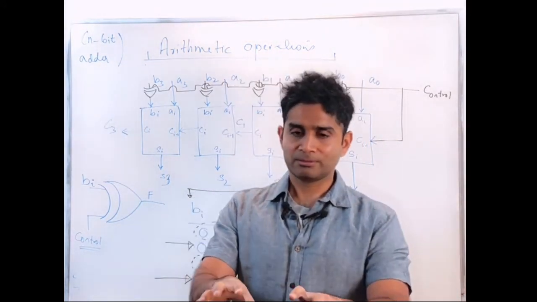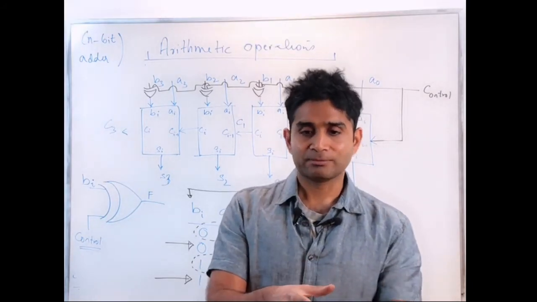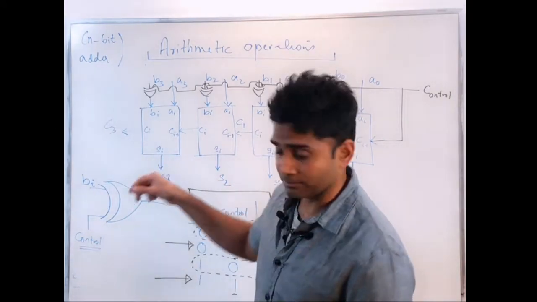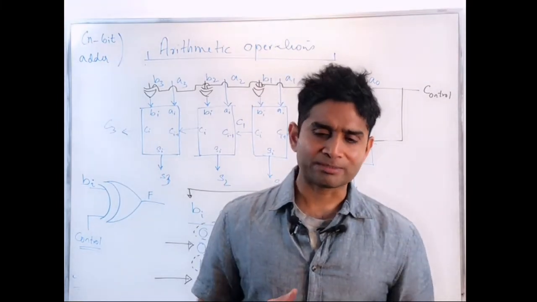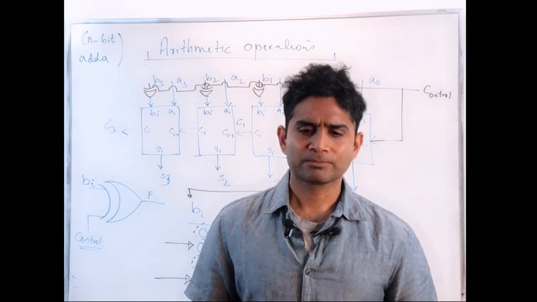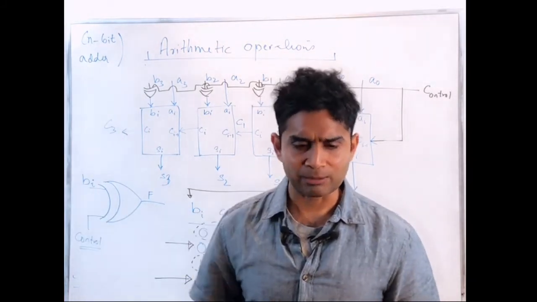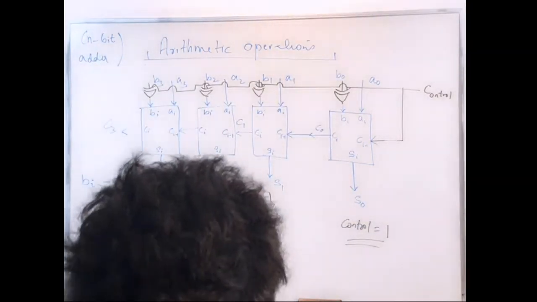In fact, you can actually buy 4-bit adders and cascade them together to make an 8-bit adder. Now, if I become too ambitious and want to design a 64-bit adder, and I just keep adding on modules, what potential problem do you think might happen?